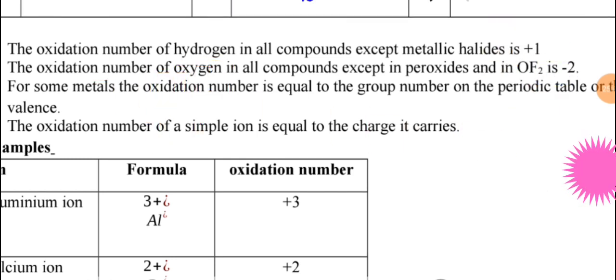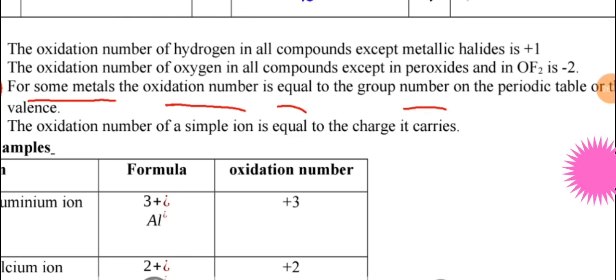Rule number 4. For some metals, the oxidation number is equal to the group number on the periodic table or the valency. That is very important.